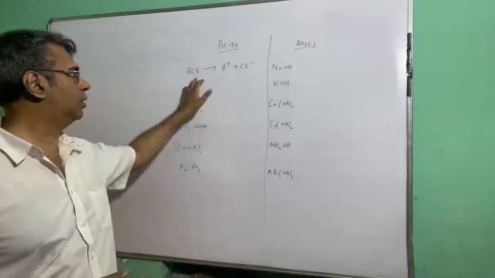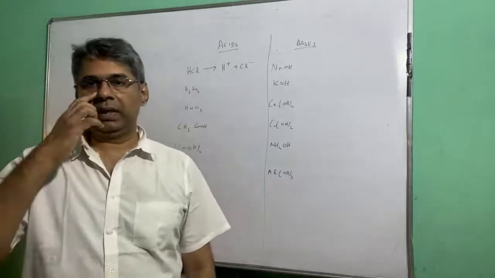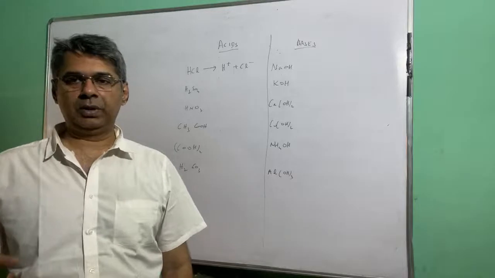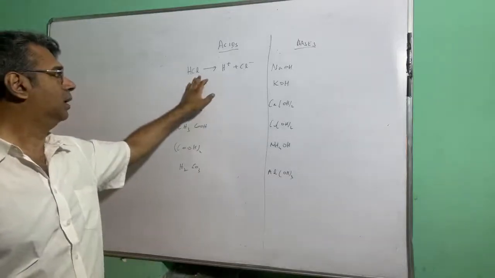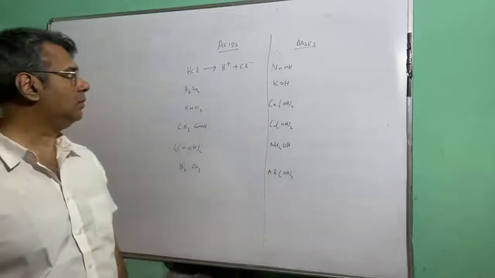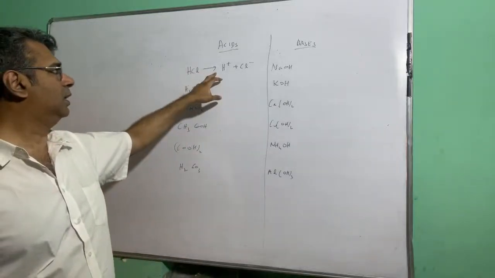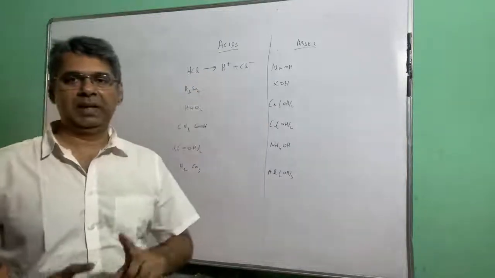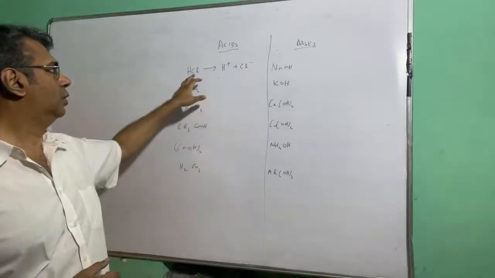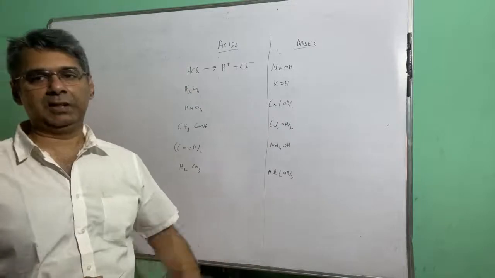If you put hydrogen chloride gas in water, you will get hydrochloric acid. When you put HCl in water, it will split into the ions H plus and Cl minus. So that means it will supply H plus.